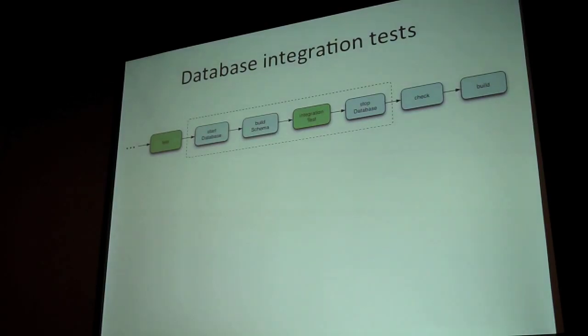And to make this happen, you would actually have to extend the regular build lifecycle that Gradle gives you with a Java plugin, where you say, well, I want to start up my database first. Then I want to build a specific schema that resembles the one that I have in production. And I might potentially also want to have some sort of seed data that I can rely on. Then after I do that, I want to run my integration tests. And later on, once I'm done with that, I just want to stop it.